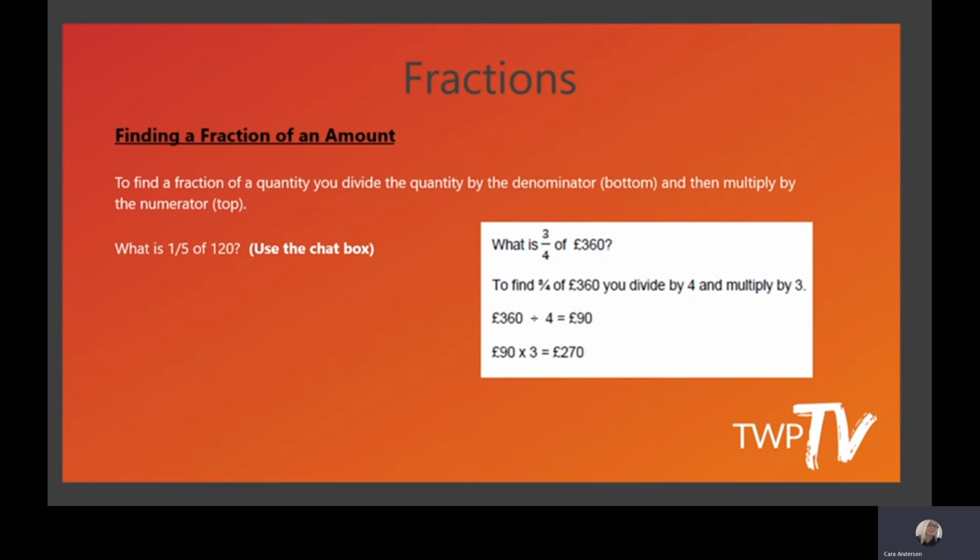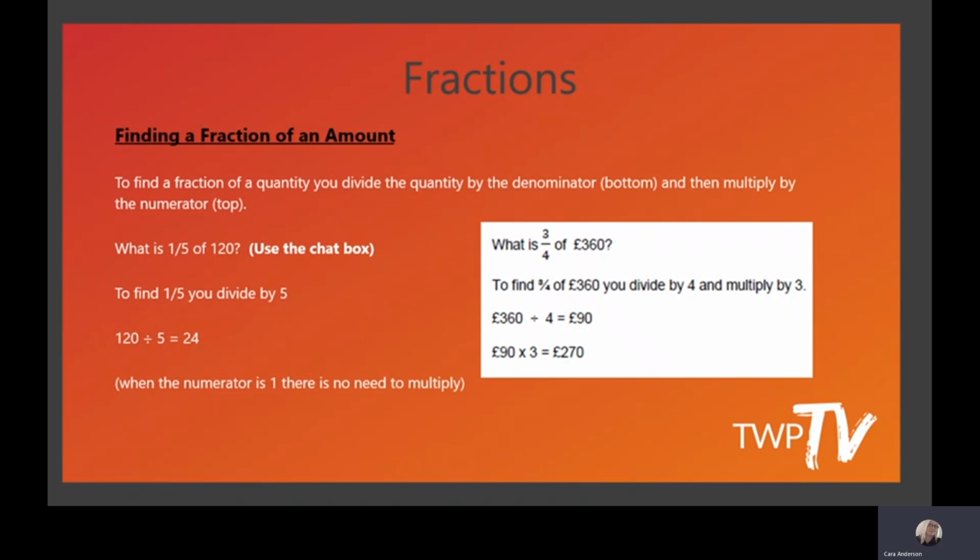Okay, so have a go at this one yourself. Write down 1/5 and try and work out what 1/5 of 120 is. Pause the video, have a go, and then we'll see if you get it right. So to find 1/5, you divide by 5. You start with your 120, you divide it by 5, that's going to give you 24. When the numerator is 1, there's no need to multiply.